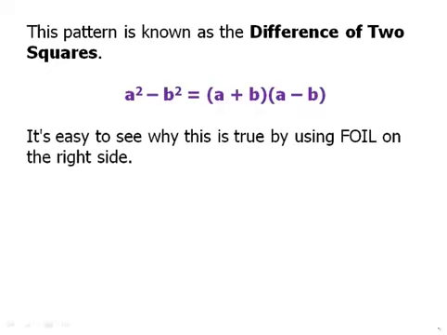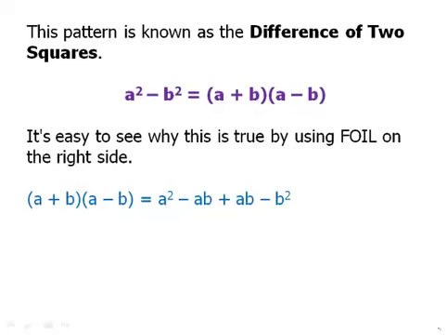It's easy to see why this is true by using FOIL on the right side. So we just start with a plus b times a minus b, and then simply FOIL out. The product of the first terms is a squared. The product of the outer is a times negative b, that would be negative ab. The product of the inner, a times b, would be ab.